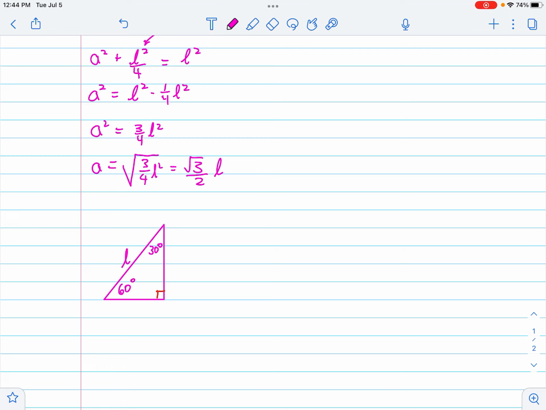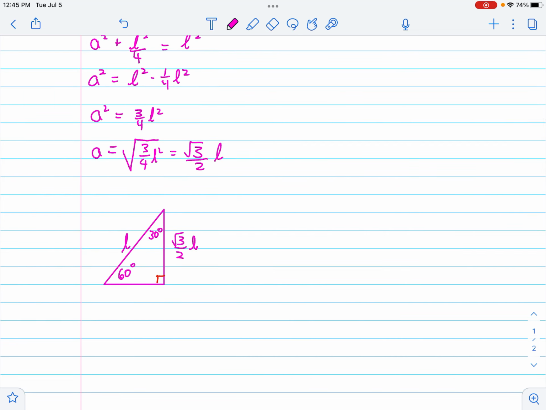Notice that the side opposite the 60 degrees is the hypotenuse times the square root of 3 over 2. Now, remember that the side opposite the 30 degrees is just L over 2.